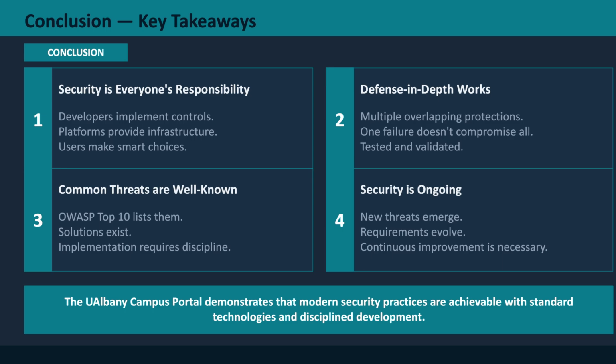It's not optional. Security doesn't require advanced techniques or massive budget. It requires applying well-known practices consistently. We use standard libraries, Helmet and Bcrypt.js, standard protocols, HTTPS and JWT, and standard validation techniques. The result is an application that successfully defends against the most common web attacks.